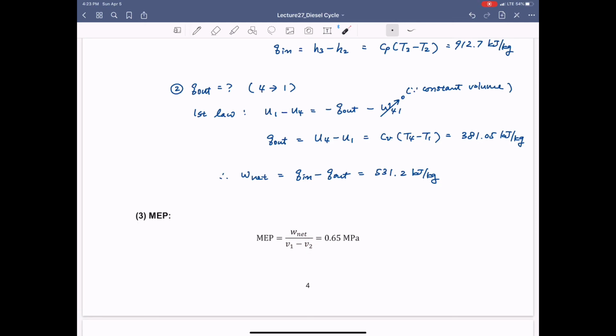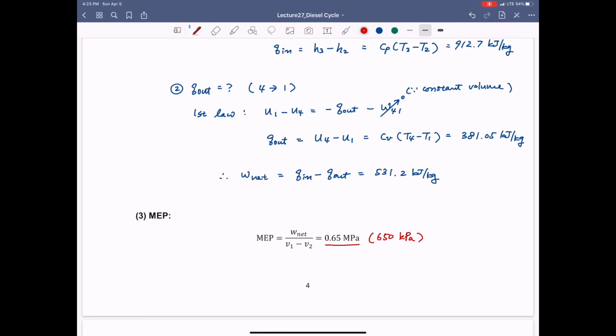So we can calculate this MEP, and the number is 0.65 megapascal, or 650 kilopascal. That is another way to express the work output perspective, but instead of using kilojoule or kilojoule per kilogram, we use kilopascal.